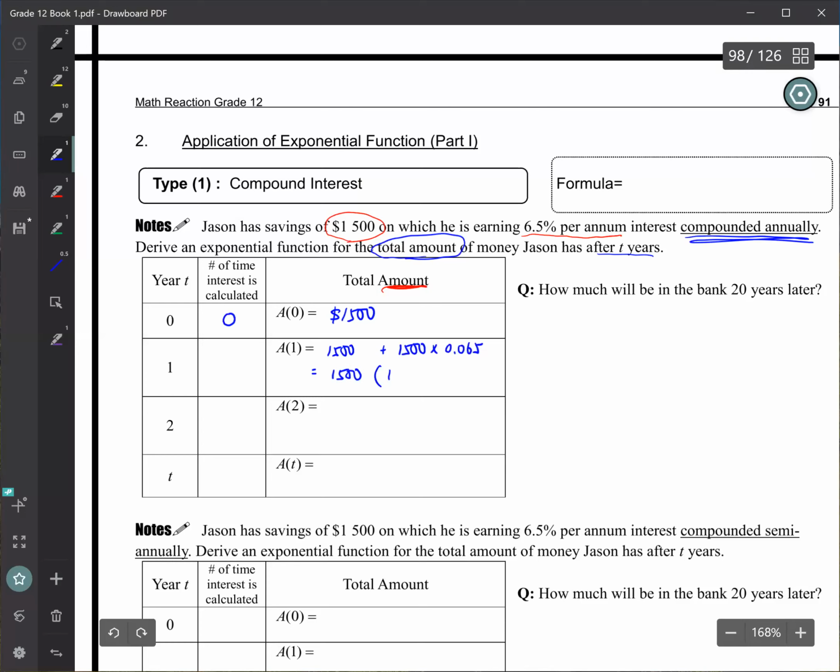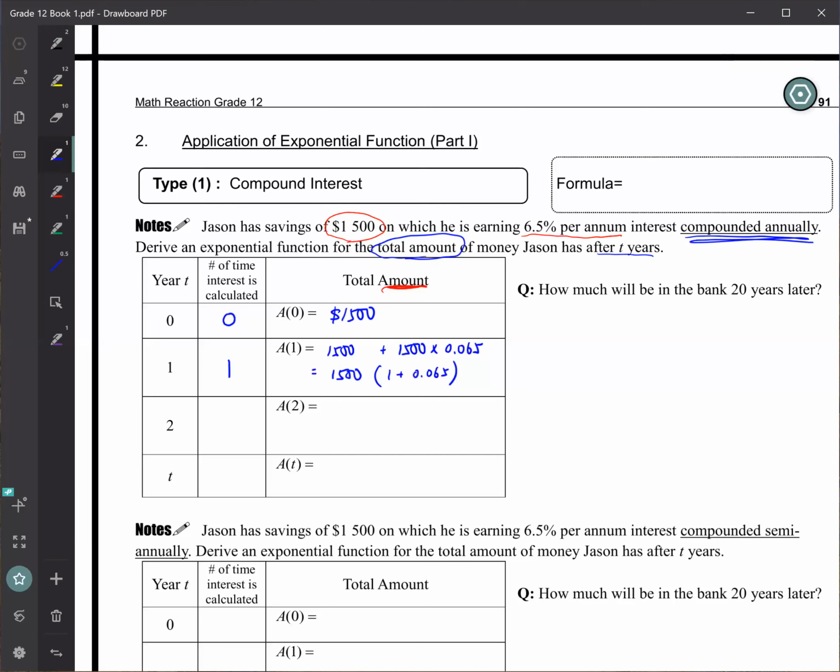That will give you 1 plus 0.065. So 1 plus 0.065, that's where the 1.065 comes from. The 1 includes the original amount. So at the end, the money you have will include the 1500 and the interest together. Because it's annually, the number of times interest is calculated is only once.